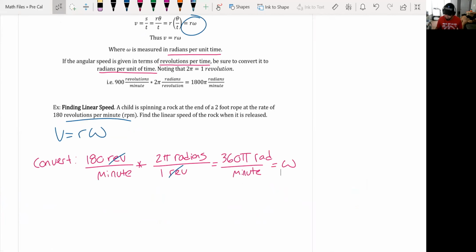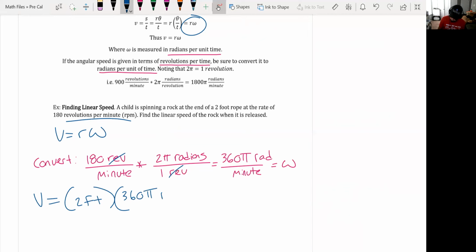Which means come back to the formula. And V equals, we know the radius. If the child's spinning a rock at the end of a 2-foot rope, well, that radius must be 2 feet. So you'll get 2 feet times 360 pi radians per minute.